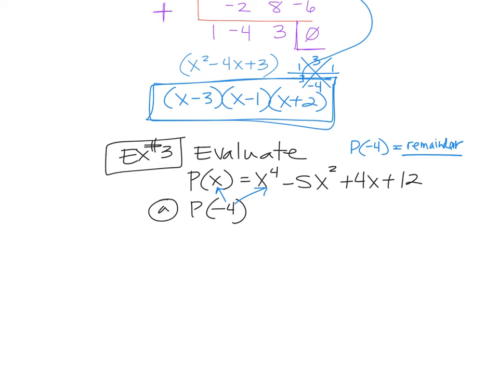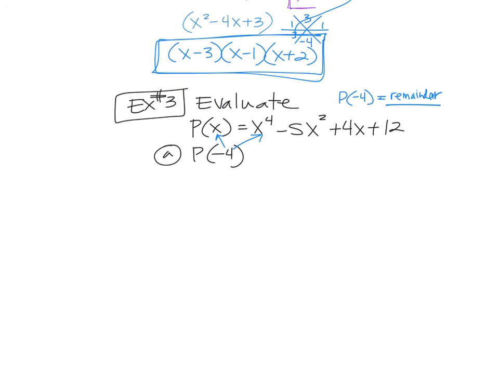Like if you plugged it into the calculator, that's what you would get, is the remainder number. Okay, so here it is. The beautiful thing is that number is what goes right here. So that's not anything drastically different. And then we're going to lay it out how we always did.